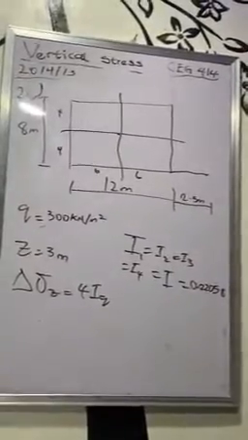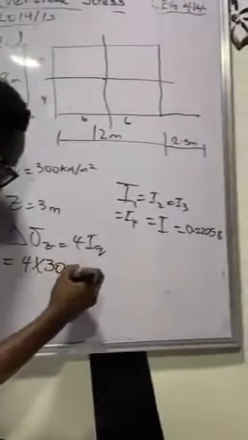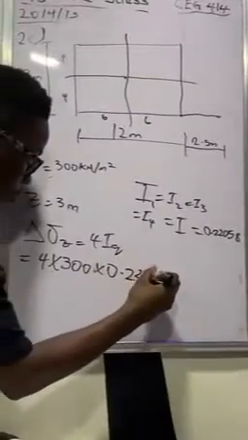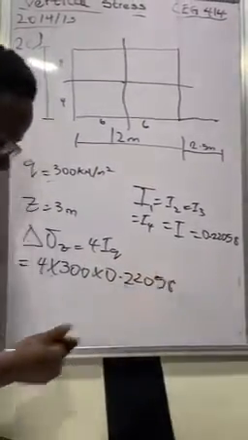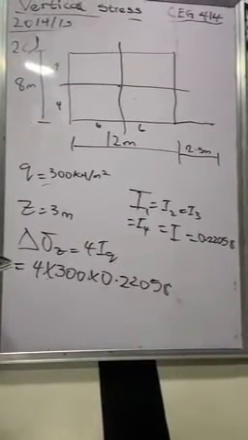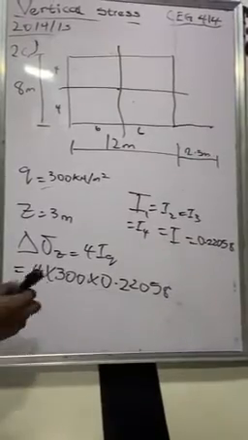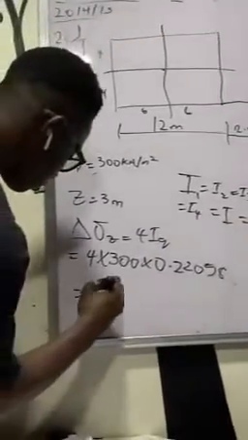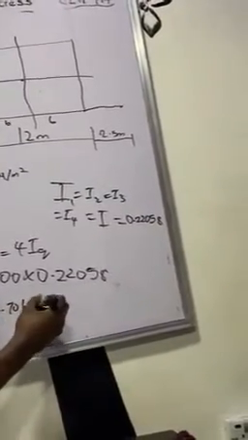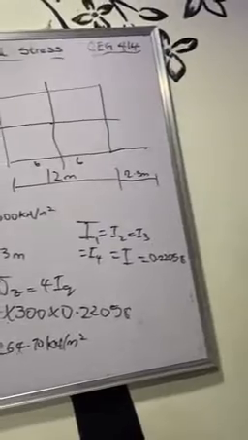So to calculate this, I will have 4 by 300 by 0.22058. I've not solved this question before, so permit me to do the calculation here. That's 264.7 kilonewton per meter square, and that was all for the first part of the question.